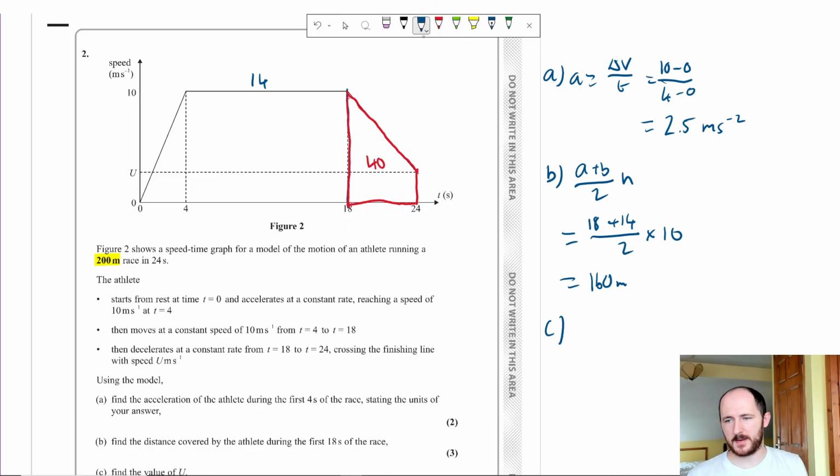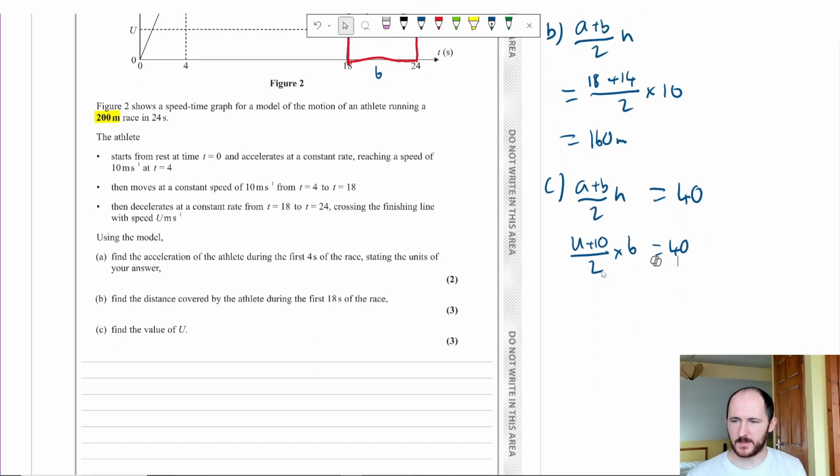And again, that's another trapezium. So we can once again use a plus b over 2 times h to work out the answer. And we know it should equal 40. So a and b, the opposite parallel sides, are u and 10. So we have u plus 10 over 2 times the height, where the height is the width of this shape, which is 6.